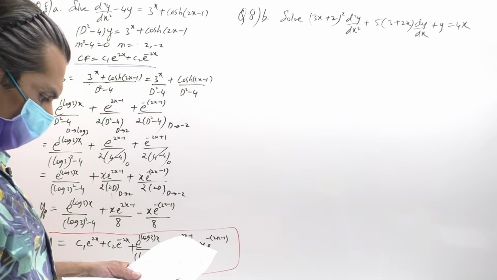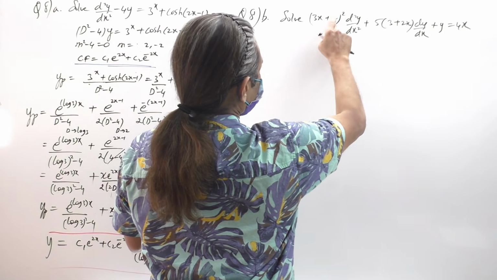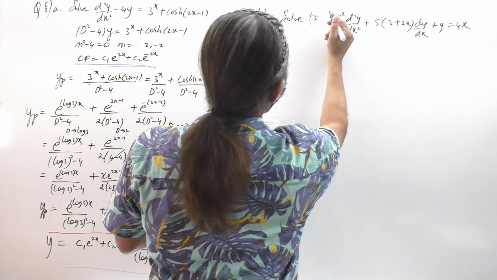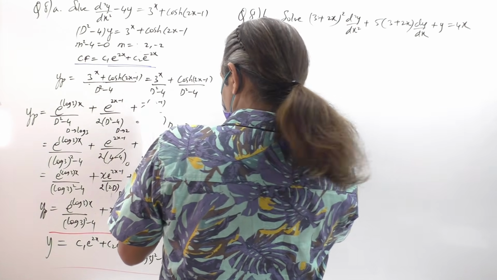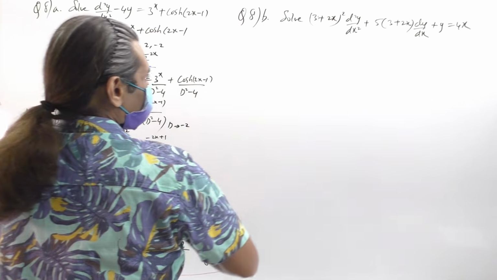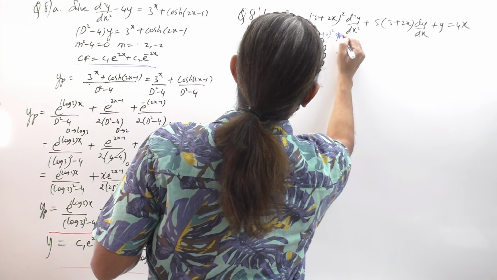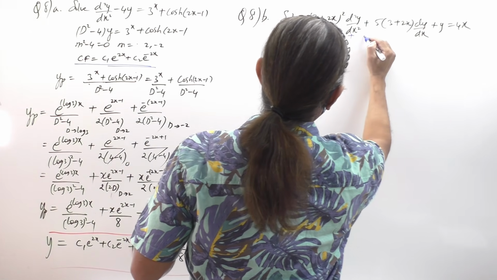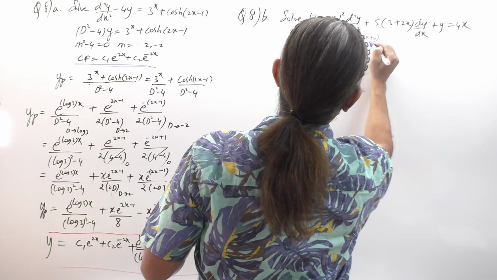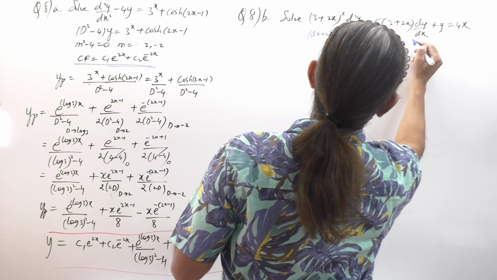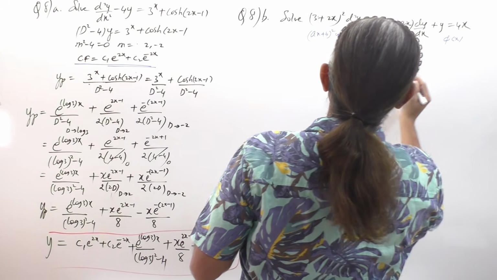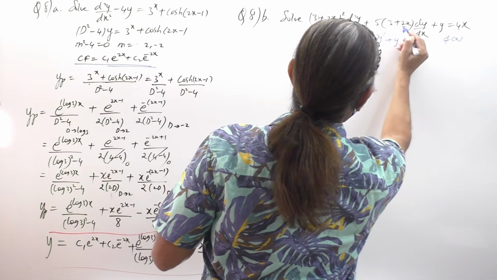It is, this is 3 plus 2x. Now this is Legendre's, that is of the form of ax plus b. So (ax plus b) the whole square y double dash plus again (ax plus b) into y dash plus y equals phi of x. As you see clearly, a is 1 here.